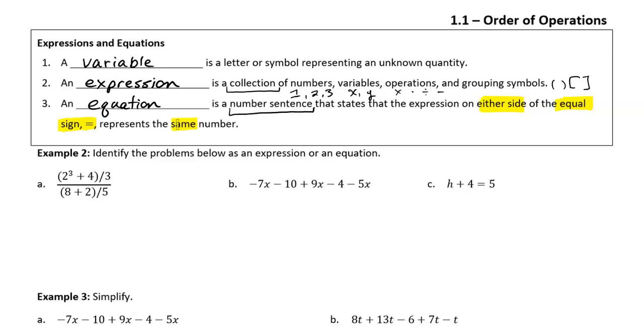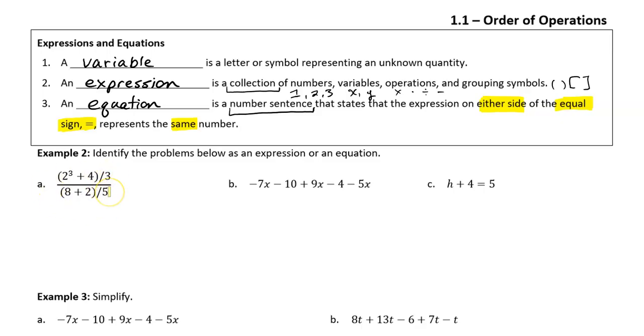Looking at part A, I have parentheses 2 cubed plus 4, close parentheses, divided by 3, all of this divided by, open parentheses, 8 plus 2, close parentheses, divided by 5. Looking at those values, I have numbers, a lot of operations, and some grouping symbols. Those parentheses are in my numerator and denominator. I have a power, I have addition, I have a lot of divisions, in fact, 3 of them.